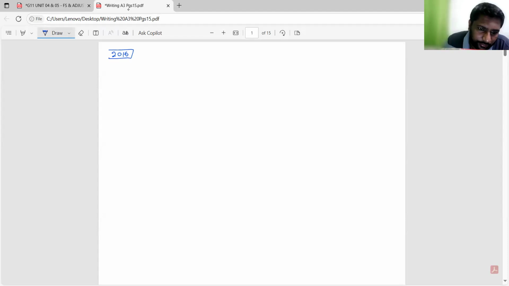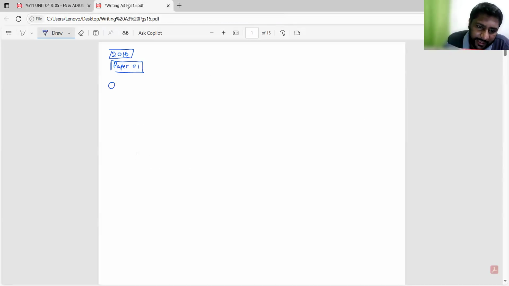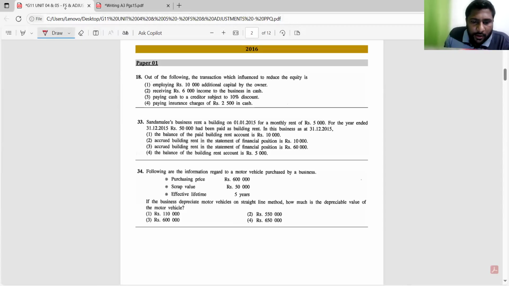2016, paper 1. Question number 18. Out of the following transactions, which influence to reduce the equity?